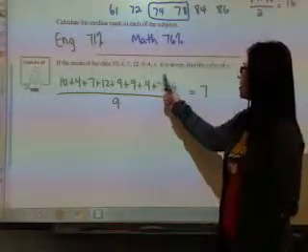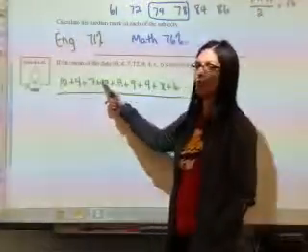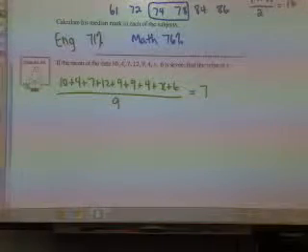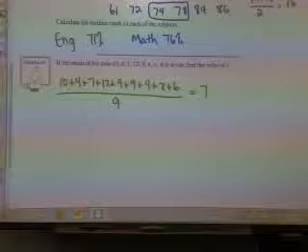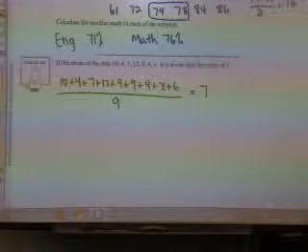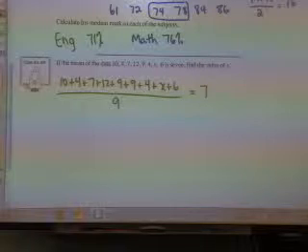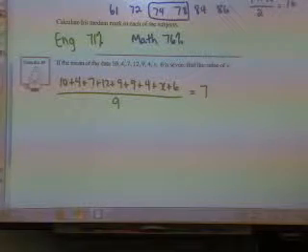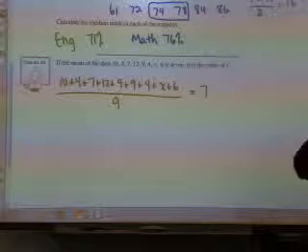So the first thing I want to do is add all these numbers on the top. Do that for me: 10 plus 4 plus 12 plus 9 plus 9 plus 4 plus 6. Tell me what you get when you've got that done.